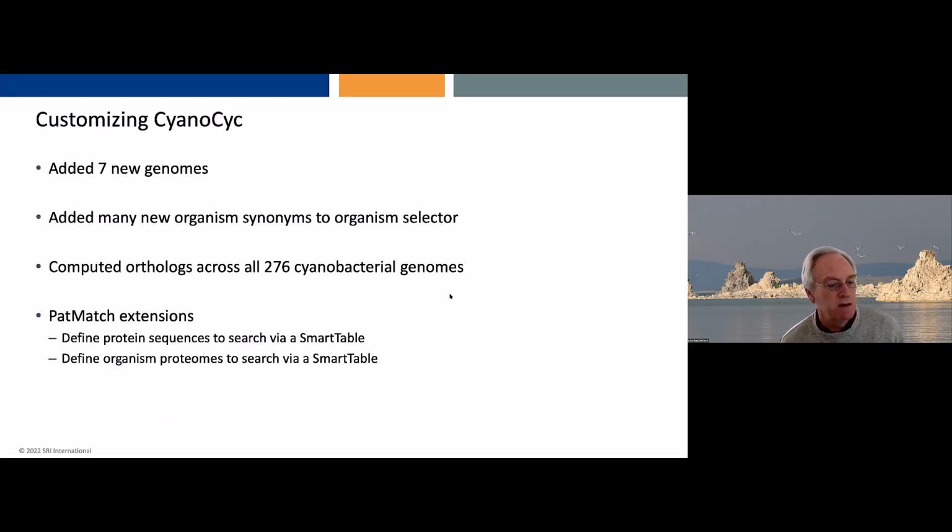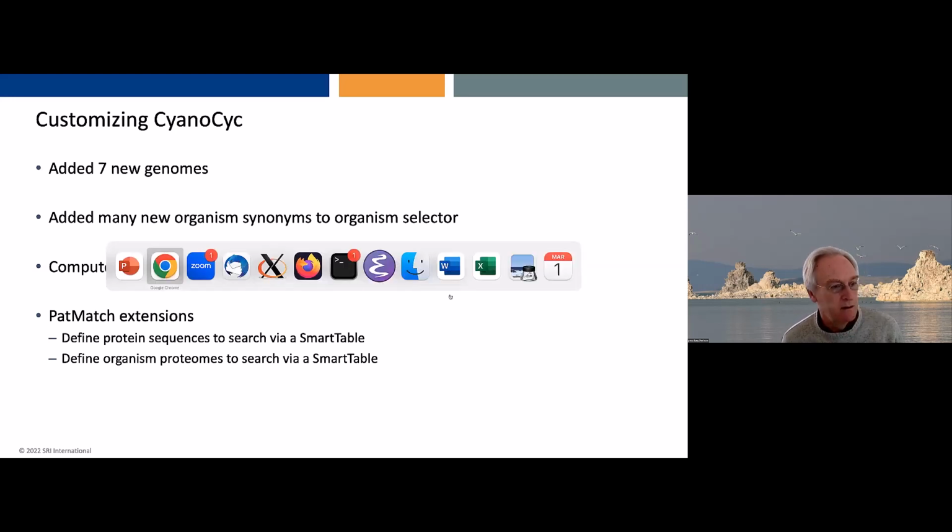So the idea is that you can define a smart table that contains a list of BioCyc organisms, could be 3 organisms or 50 organisms. I think there's a limit of 70. And PatMatch will search your pattern against all those proteomes. So it's a way to do a much broader search than was possible before.